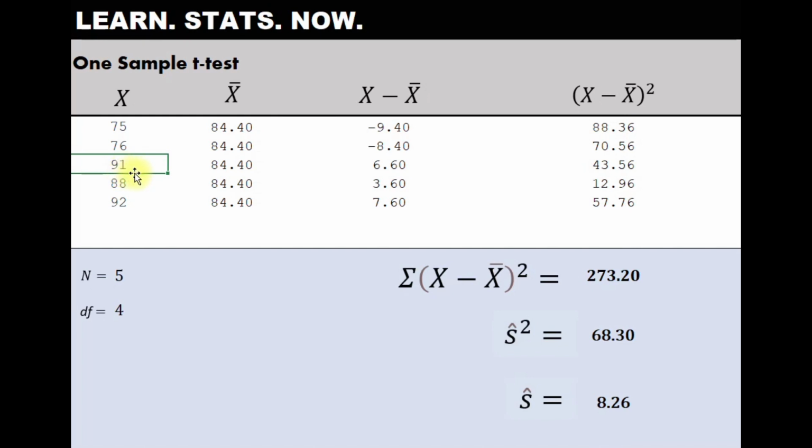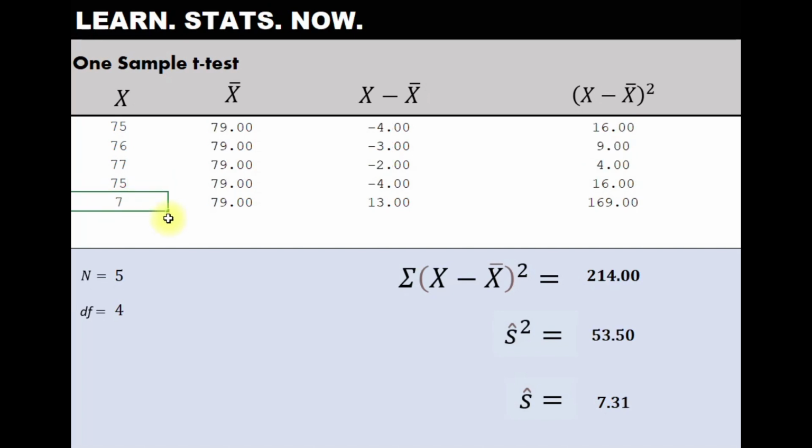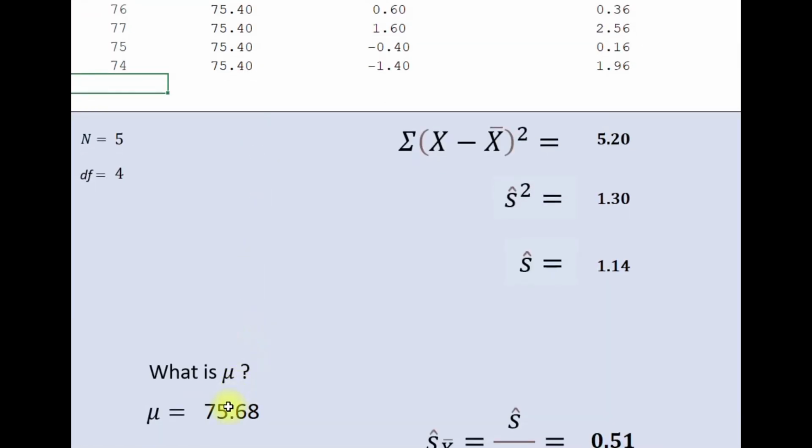You'll notice that it's updating as I do this, but I'm going to really restrict the variability, right? See how I'm putting them all really close to one another? So now the sample mean is 75.40 and our population mean is 75.68. So there's hardly any difference between the sample mean and the population mean.